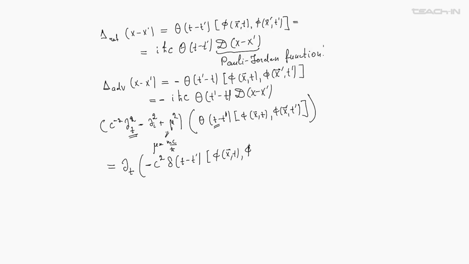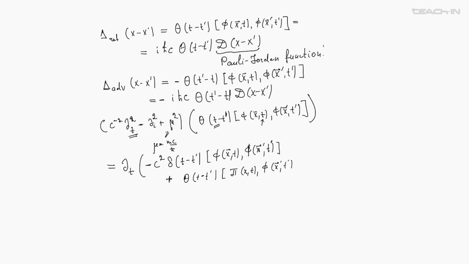And then the time derivative acts on the argument of the field phi, and we get phi dot, but phi dot for a scalar field is nothing else than the canonical momentum. So what we get here is theta of t minus t prime, and the commutator of the momentum of the field phi with the field at x prime, t prime.